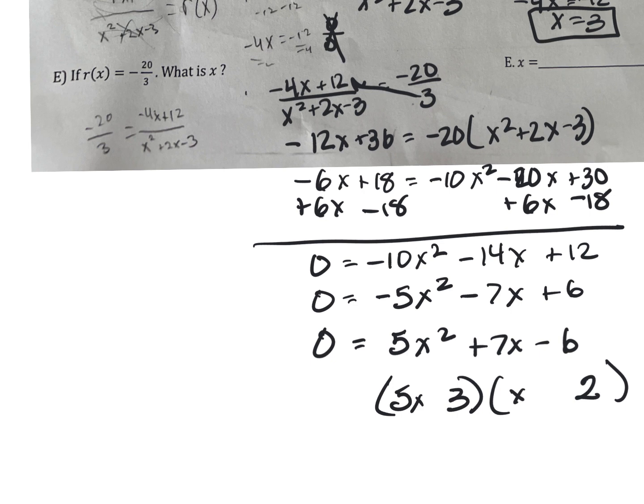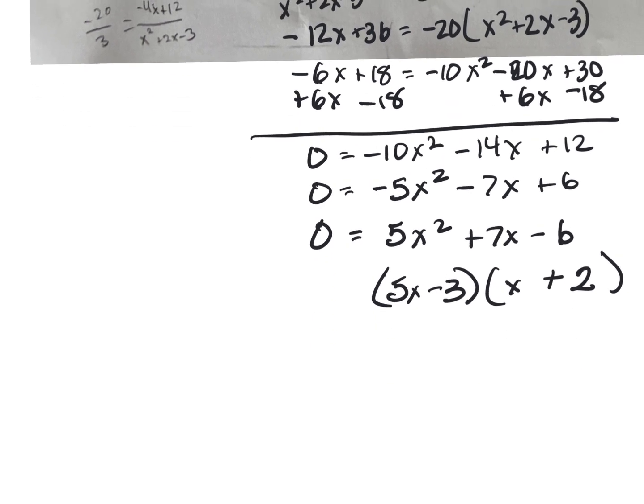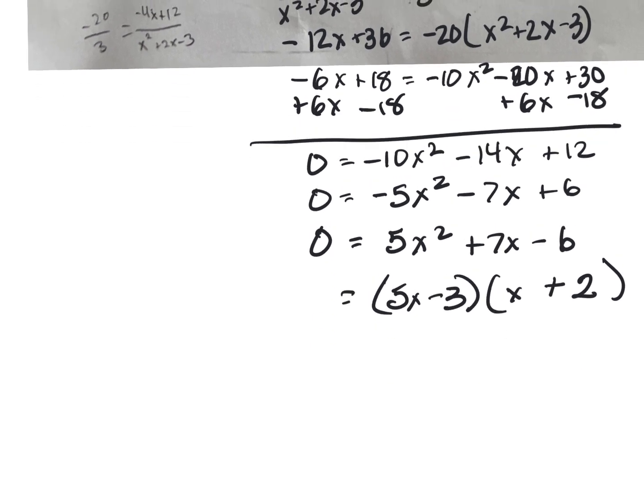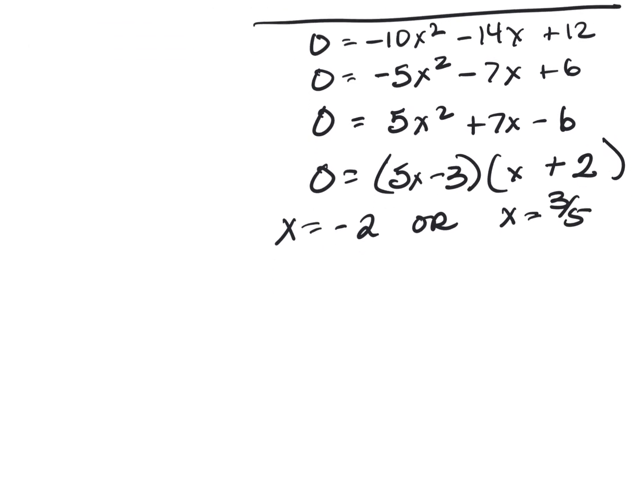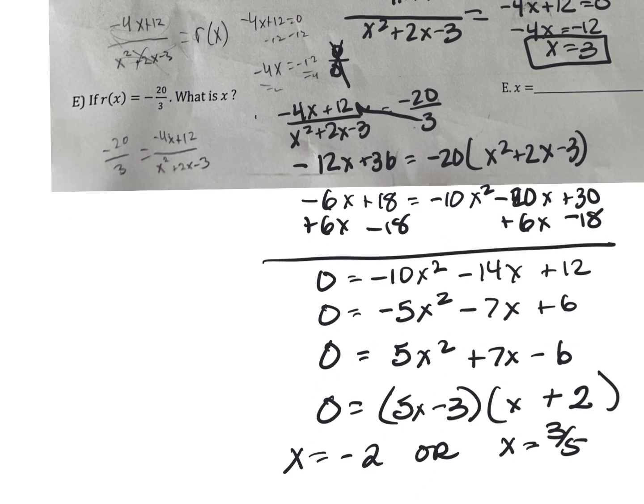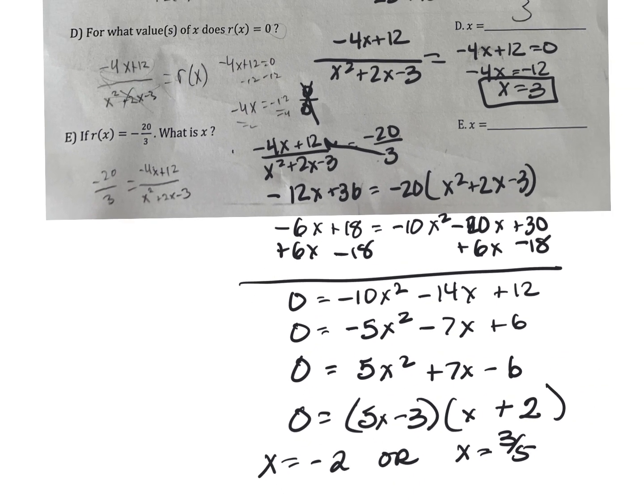I need one of these to be negative. So it equals 0. And now I'm going to say x equals negative 2 or x equals, add the 3, 3/5. Let's find out which one works. So make sure there's not any extraneous solutions.